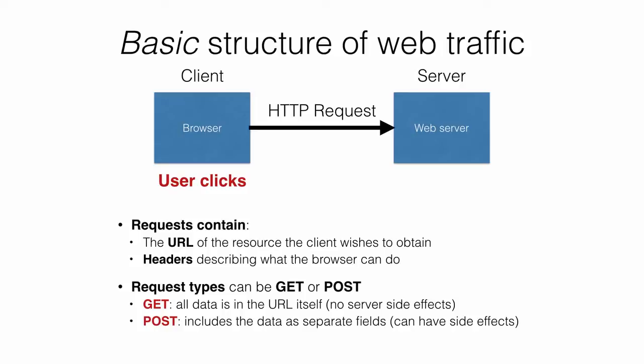And there are two types of requests, GET and POST requests. GET requests are such that all of the data is in the URL itself, this data being the data that determines what file or content is returned. Importantly, it will not change the contents of data that's stored on the server. It will only cause those contents to produce a file that is sent back to the client.